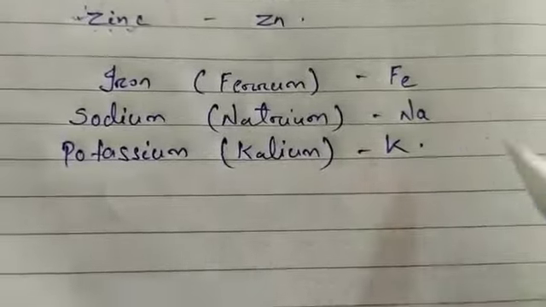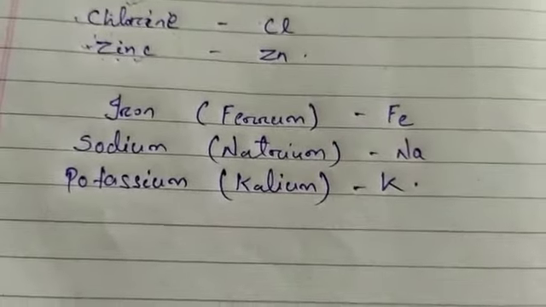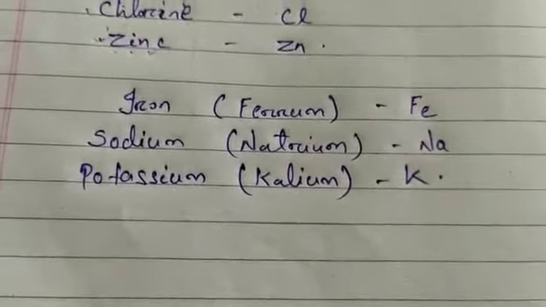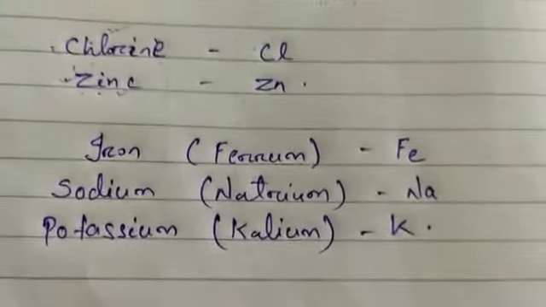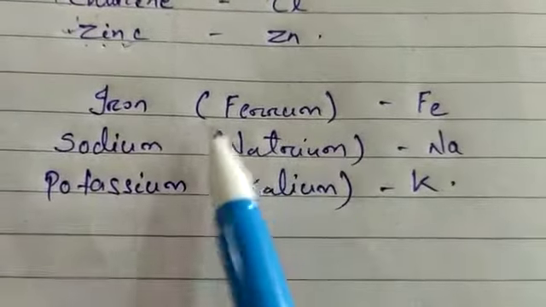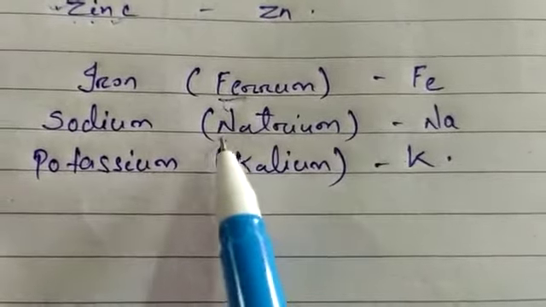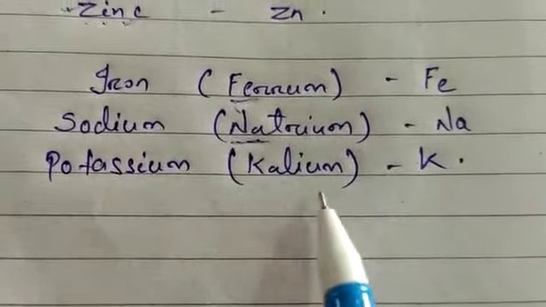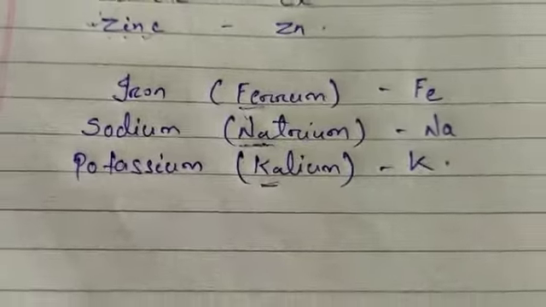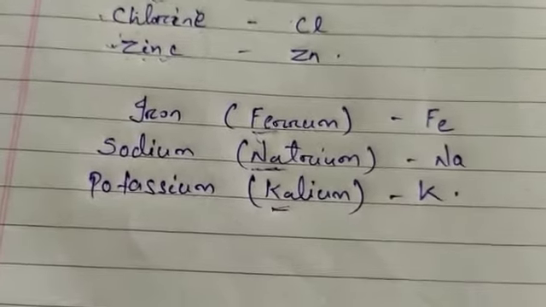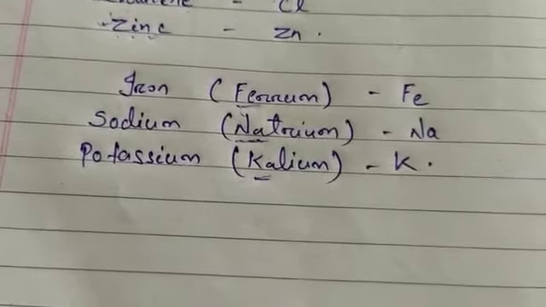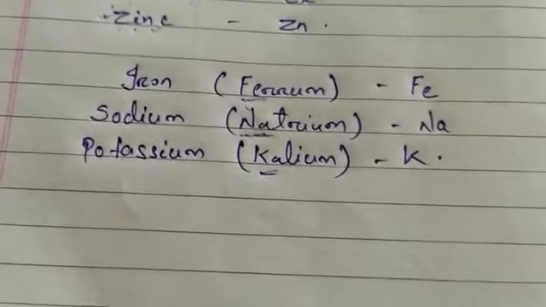Some elements have symbols obtained from their German, Latin or Greek names, like Fe for ferrum, Na for natrium, and K for kalium.